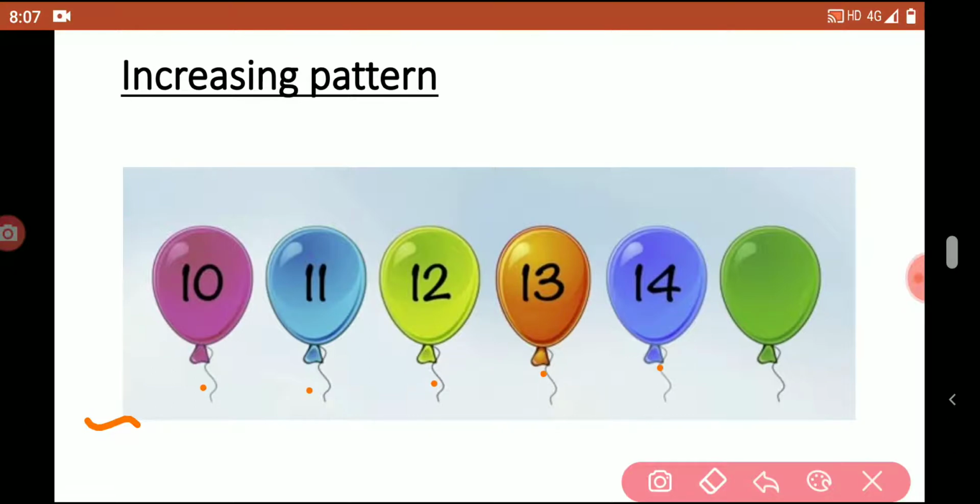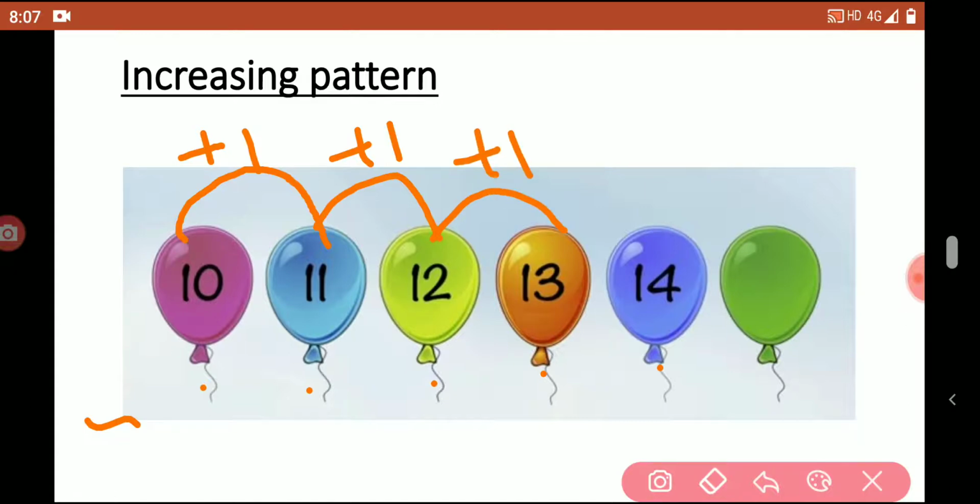Now there is 11 after 10. So if we add plus 1 with 10, the answer is 11. Then 11 plus 1 is 12. 12 plus 1 is 13. 13 plus 1 is 14.